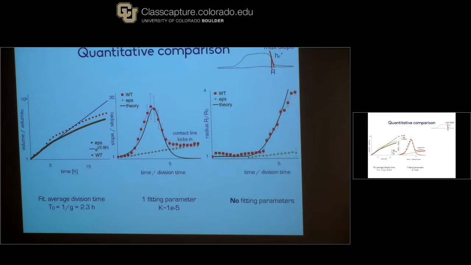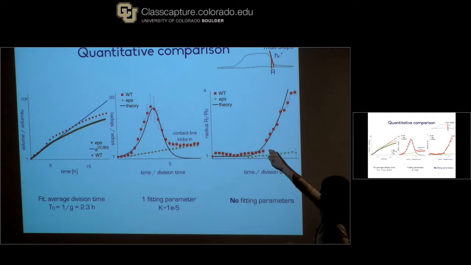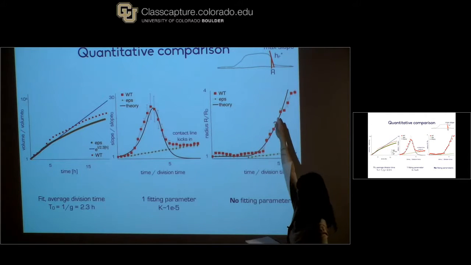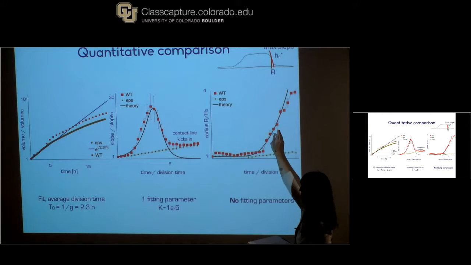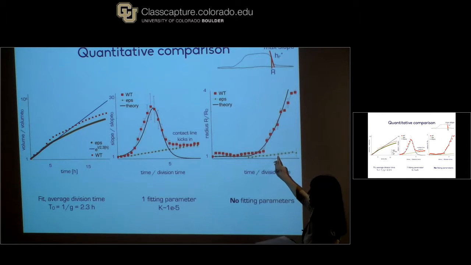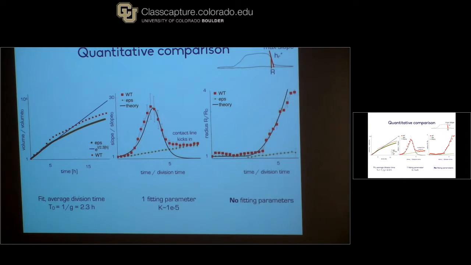Now we don't have any more free parameters, and this is the comparison between the prediction for the radius and the data for the radius. And it doesn't have free parameters. This is the APS mutant, the one that doesn't produce polymers. It doesn't work. We're happy. This is what happened.